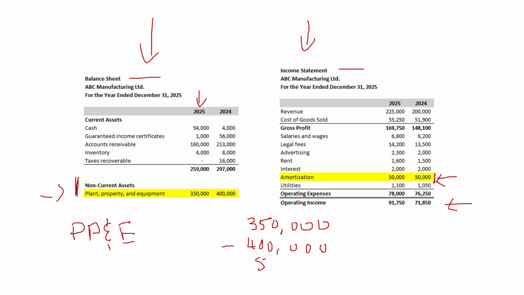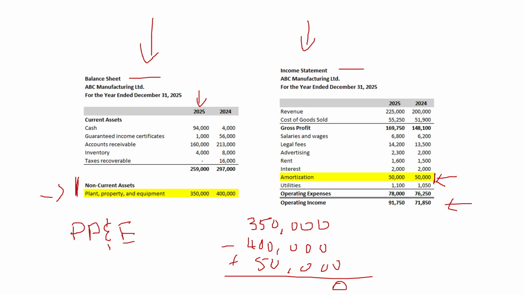So here you're going to add back amortization, as you can see, is 50,000 on this side on the income statement, and you get zero. So in this example, you can see that there is no CapEx. If there's no CapEx, there's no unfinanced CapEx, right? Because you can't finance CapEx that doesn't exist.